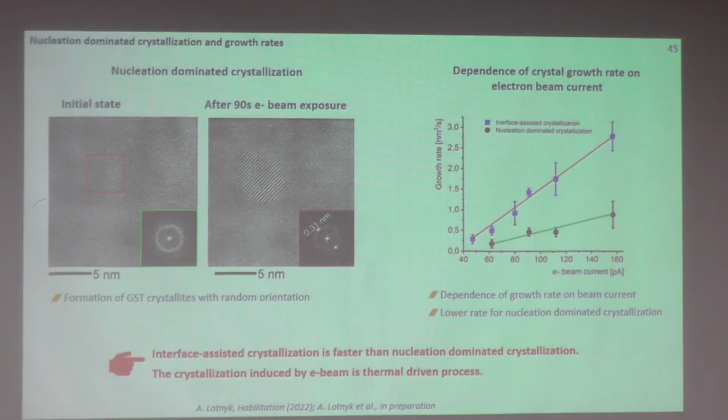Also, we could make crystallization in an amorphous matrix, as was done before for gallium antimonide. Here, this is the GST225, and we start with amorphous material, and we irradiate it here by electron beam.